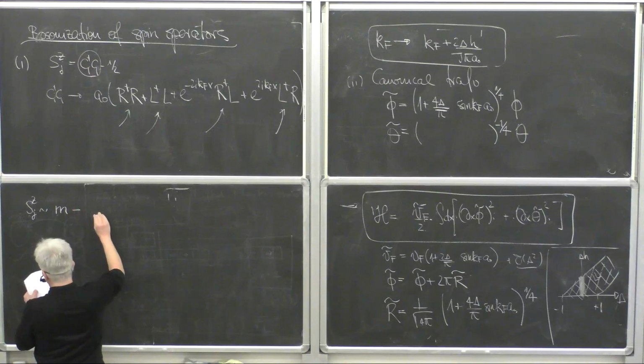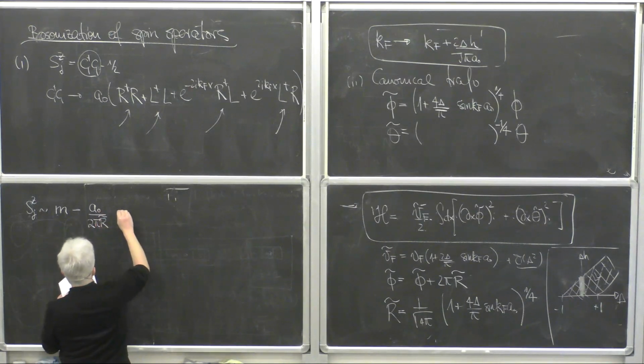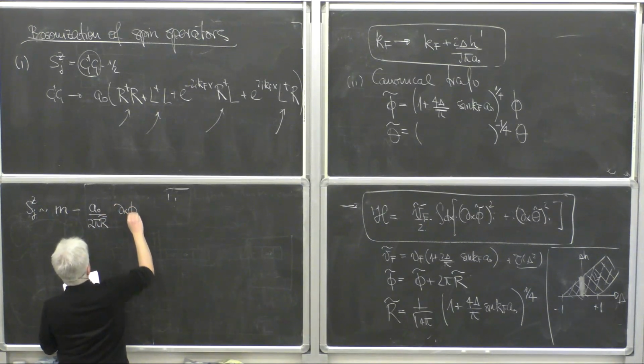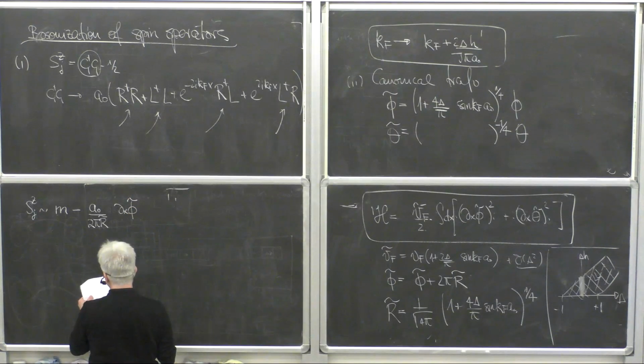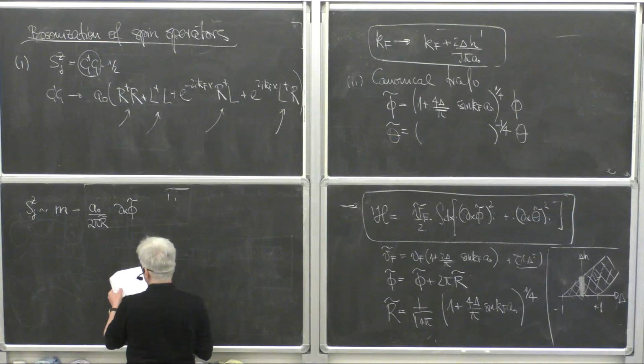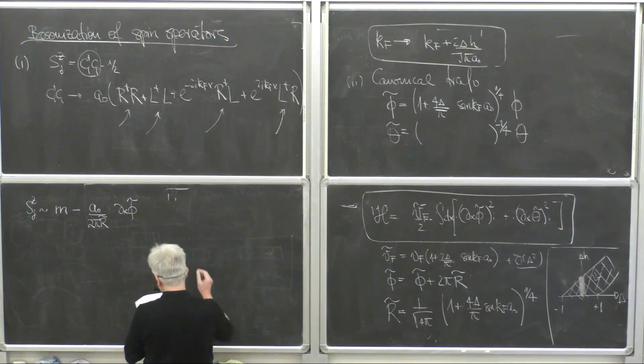Then I get various different contributions. There's this smooth contribution, and I left the R tilde there, which doesn't matter now.